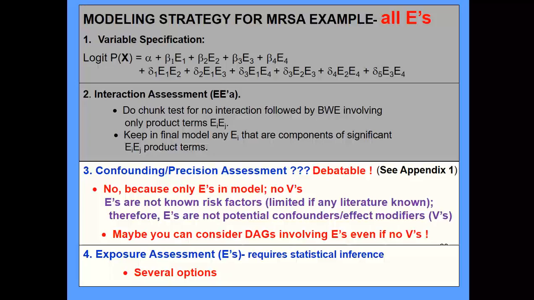It didn't have anything to do with the E's, because we didn't know enough about the E's to even consider a DAG other than a DAG involving the E; it involved the V's. So one argument for saying that you shouldn't even consider confounding and precision when they're all E's is to say, don't do it.